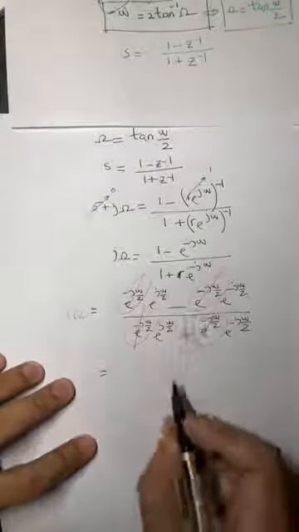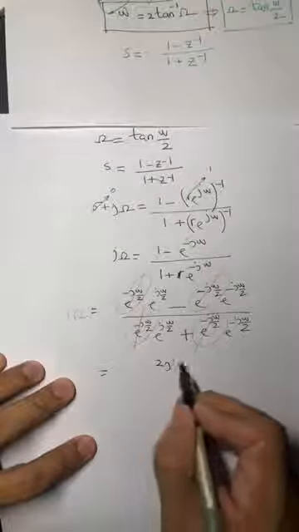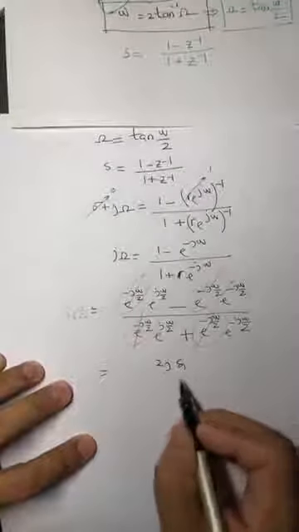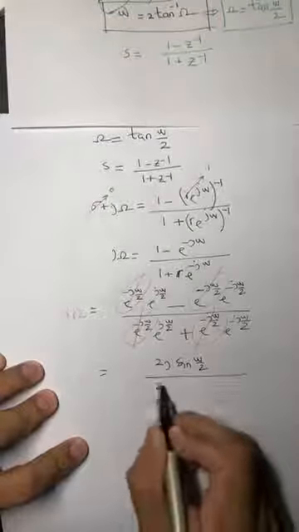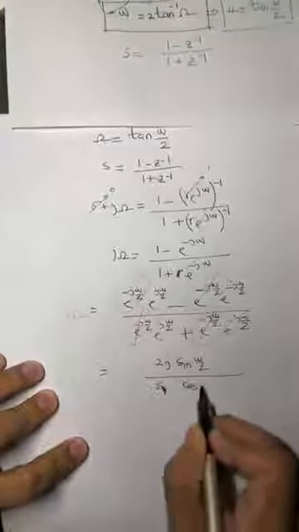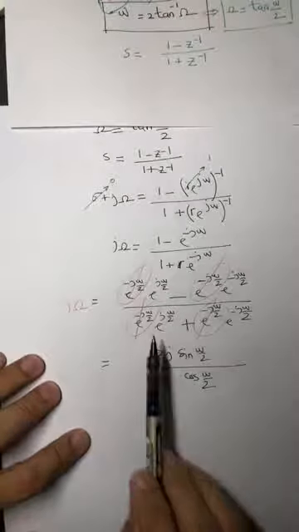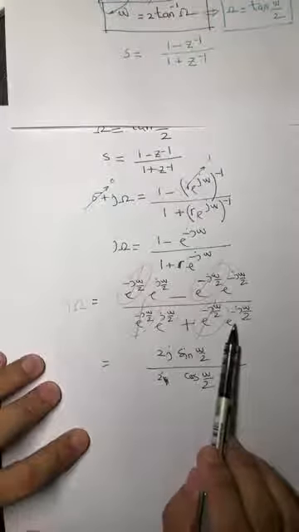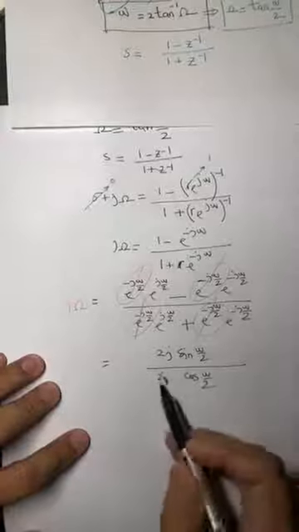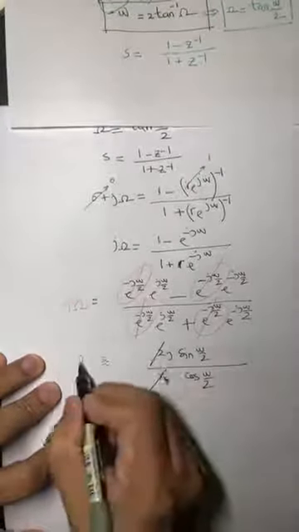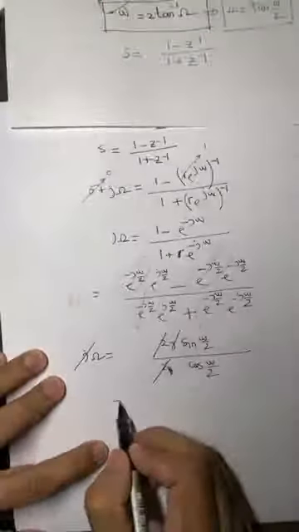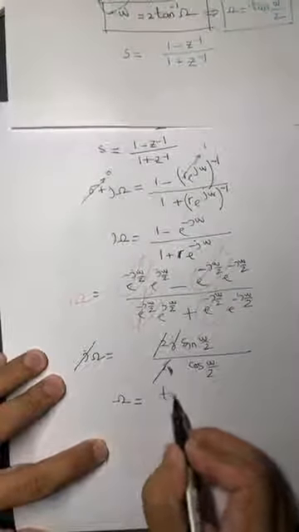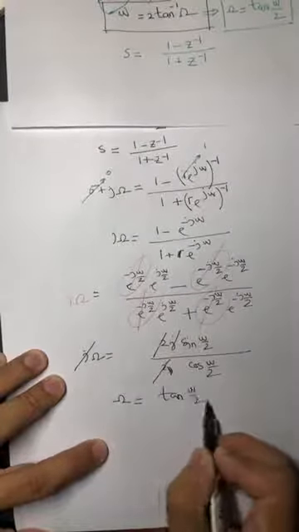This we know is 2j sine of omega over 2, and this is 2 cosine of omega over 2, by Euler identity: exponential theta plus exponential minus theta is 2 cosine of theta. So 2 cancels with 2, j cancels with j, and capital omega is equal to tangent omega over 2.